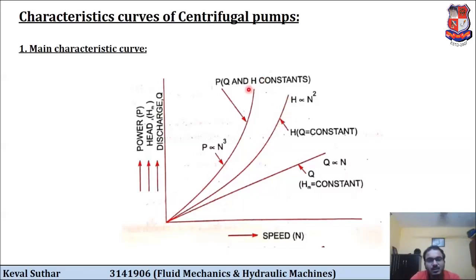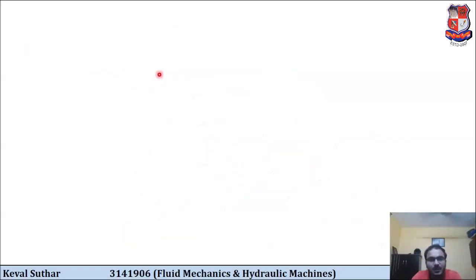Now the last one is the power versus speed curve. While obtaining it, we have kept Q and H constant, and we can observe that power is proportional to the cube of speed. So P is proportional to N cube. So this is about the main characteristic curve.